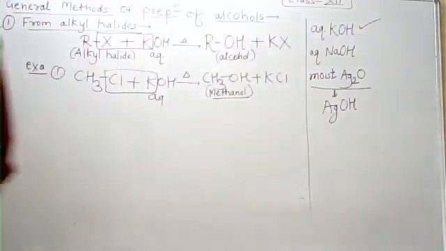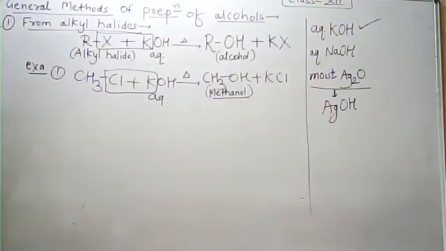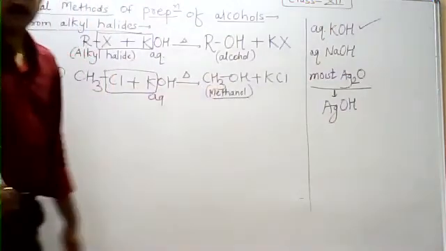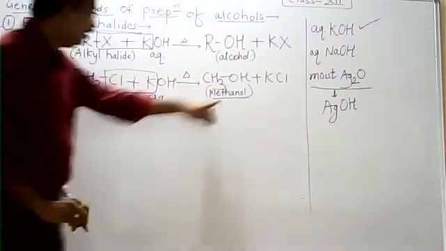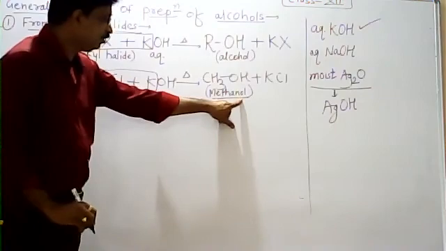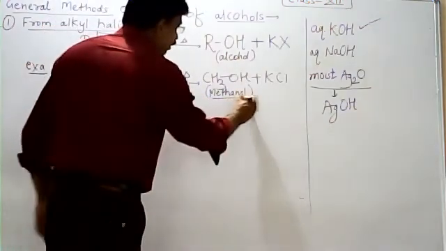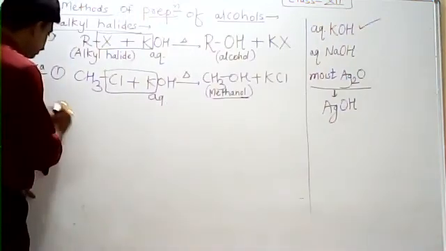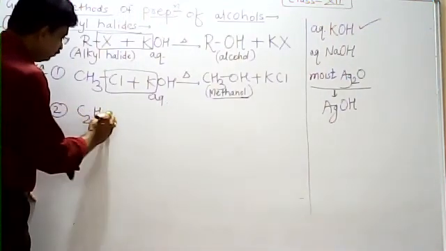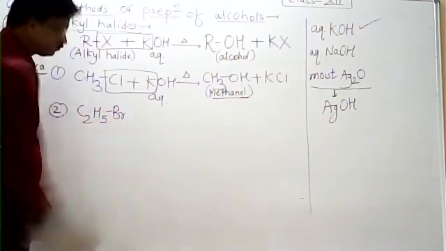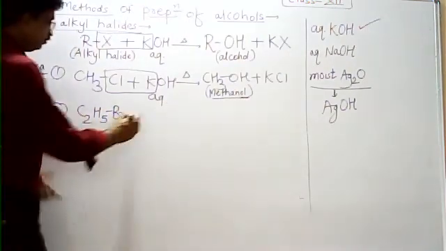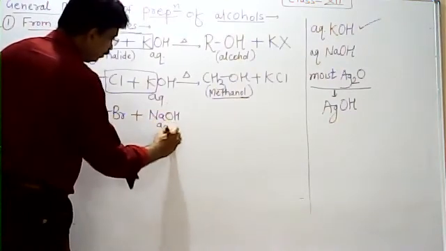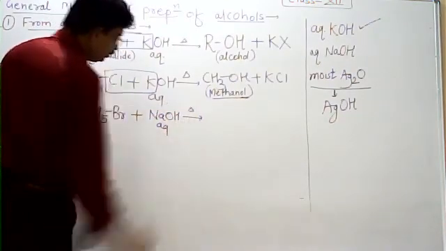First carbon, only one carbon. So the parent alkane name is methane, and hydroxyl group is there. So the E suffix of alkane is replaced by OL. So the name is methanol. Another example, C2H5Br, ethyl bromide plus aqueous NaOH. What happens? Same reaction.